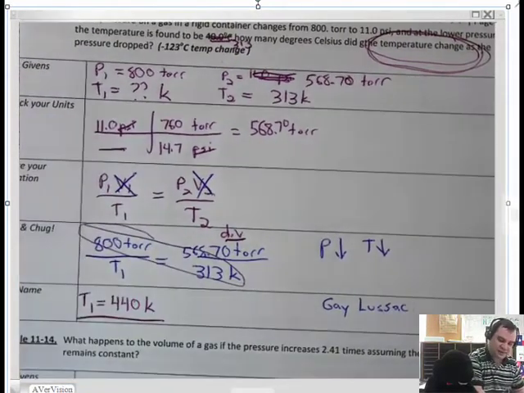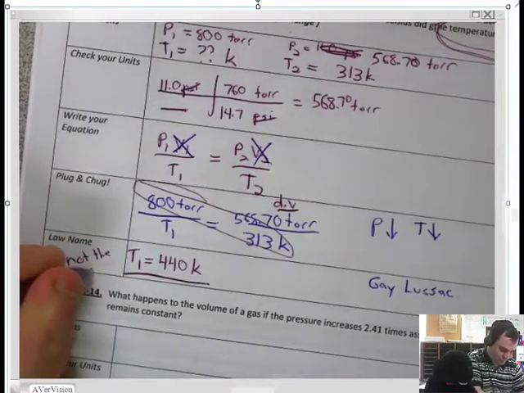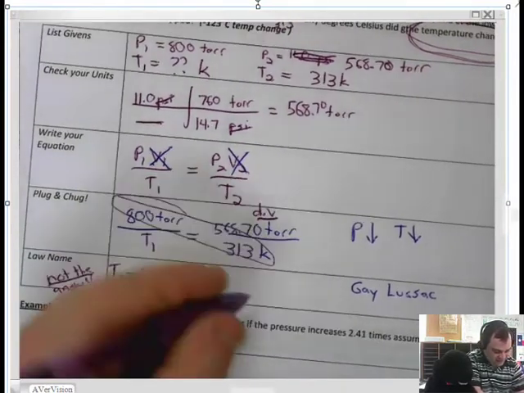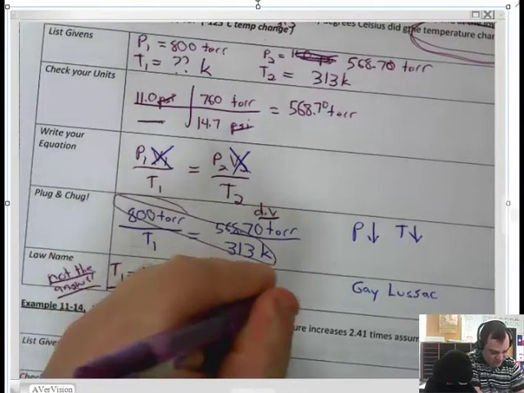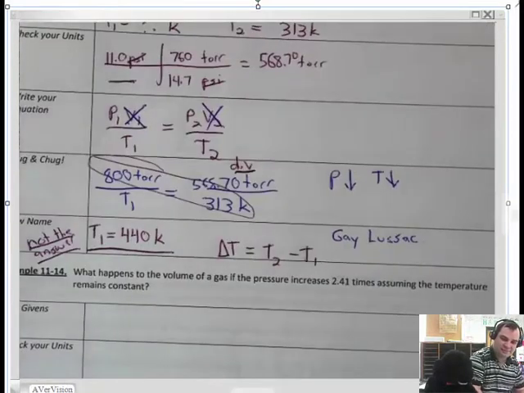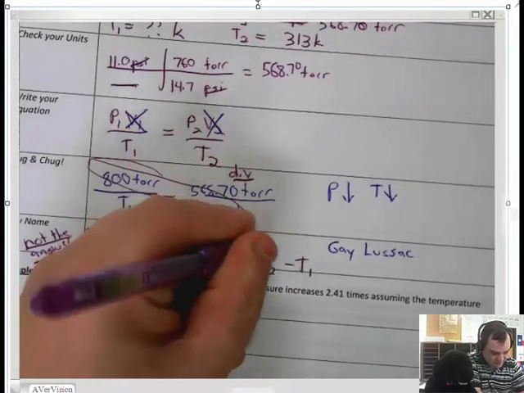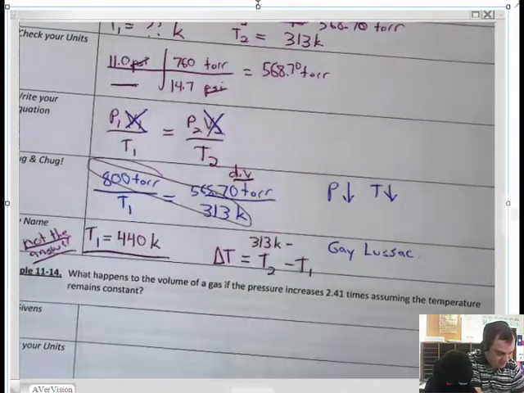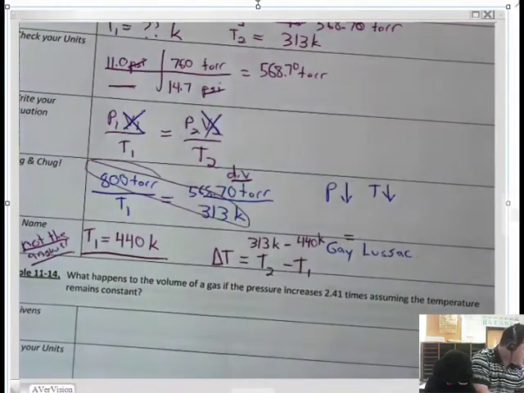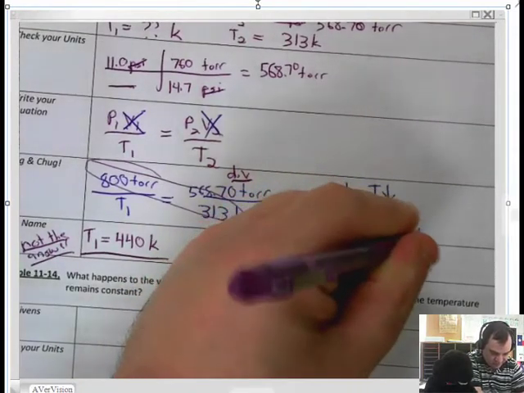Okay, now we have to figure out the change in temperature, which is T2 minus T1. So you are going to take 313 Kelvin minus 440 Kelvin, which equals negative 127 Kelvin.